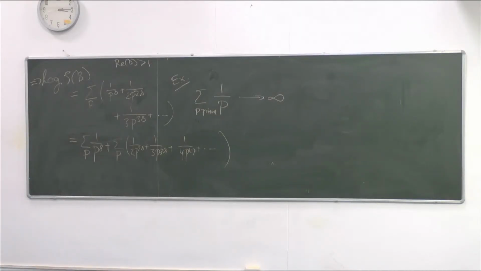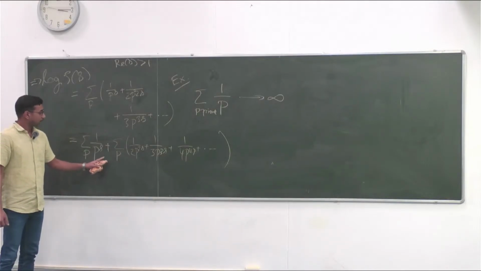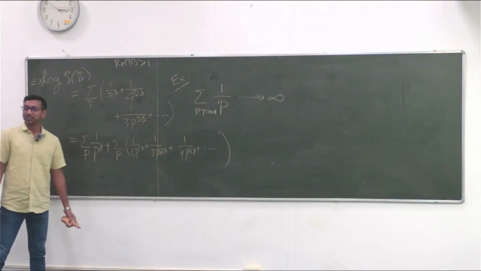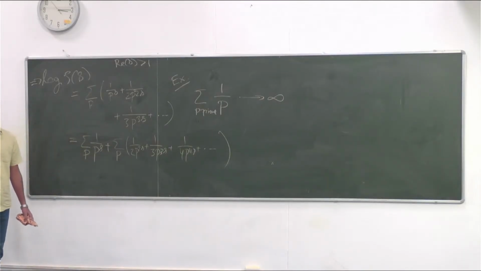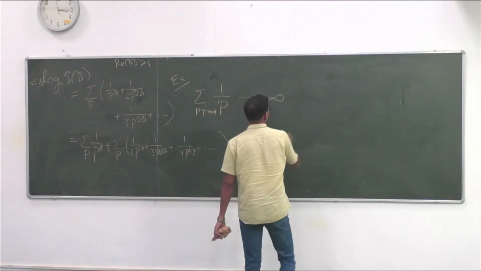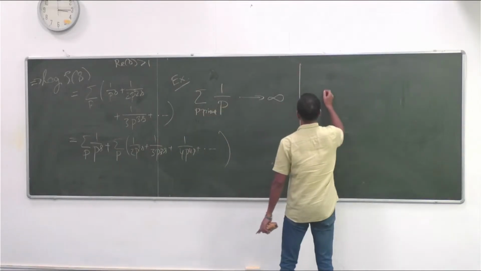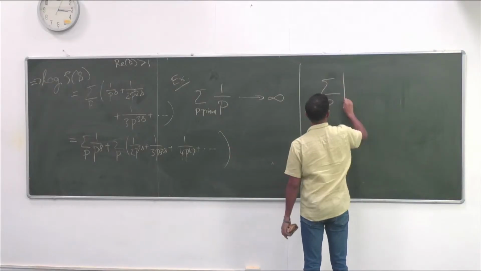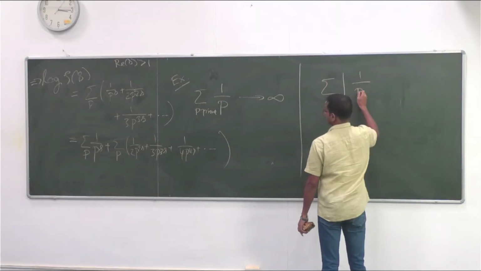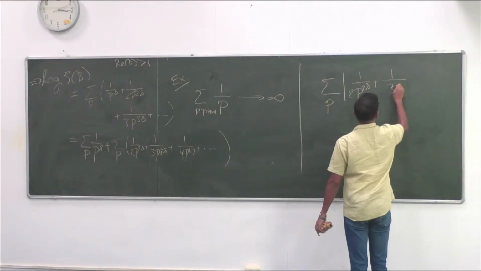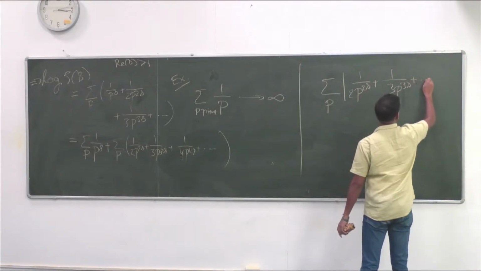You have to show that this remains bounded. And how should you proceed? Take the absolute value of this part: summation over p of 1 by 2 p power 2s plus 1 by 3 p power 3s plus dot dot dot.